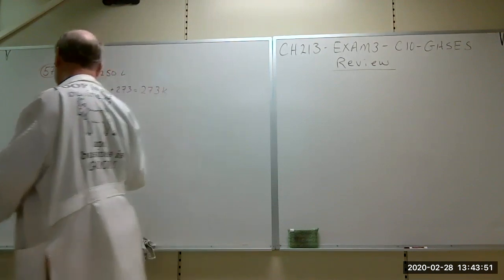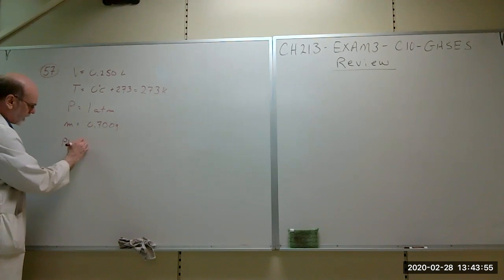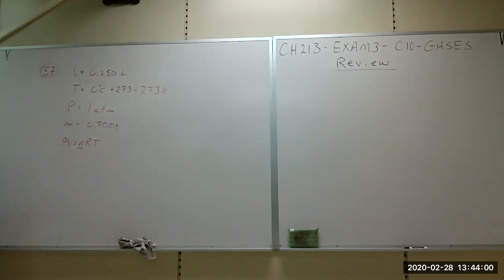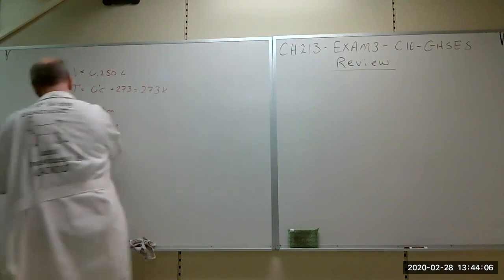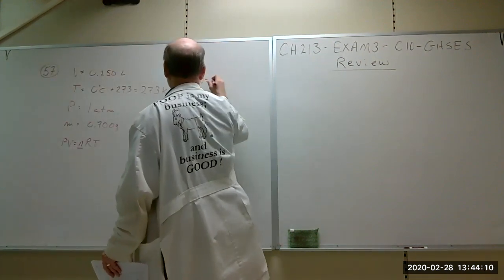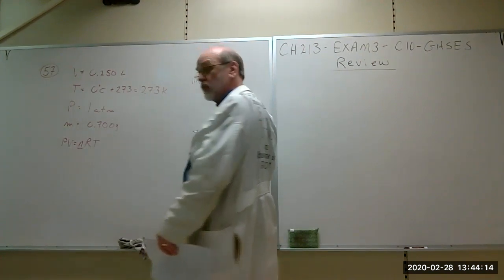So if you do it that way, we're operating with PV equals nRT to give us moles. And then using mass, we would get molecular weight equals mass per mole, grams per mole.